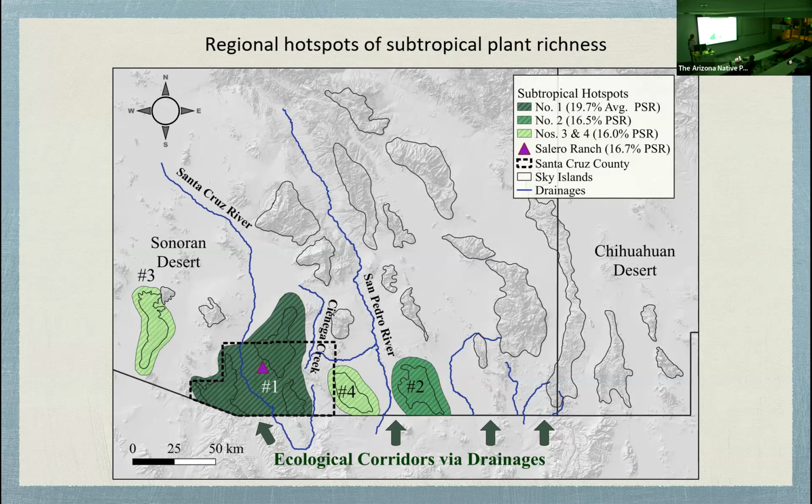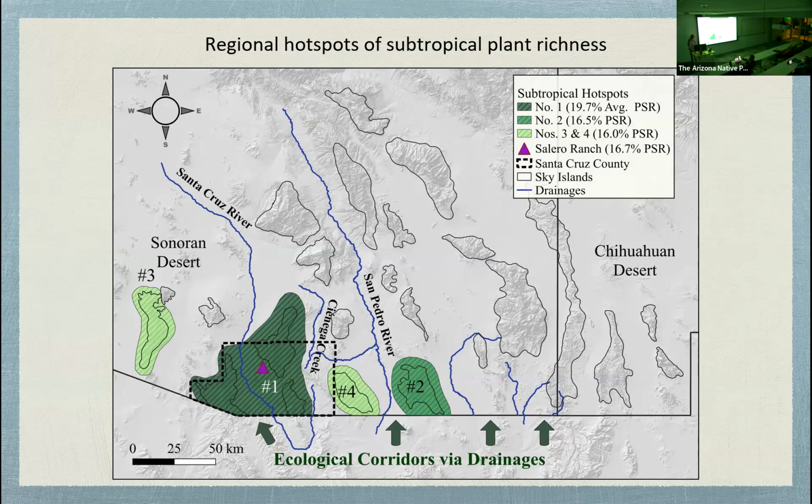So the greater takeaway is that Santa Cruz County is the epicenter for richness and provides an area of high conservation significance. The purple triangle: I also decided to look at Sue Carnahan's Sonoita Ranch flora. Fantastic work, very well done and exhaustive.